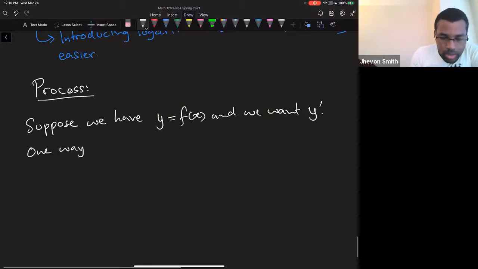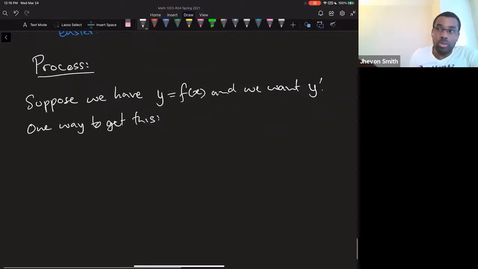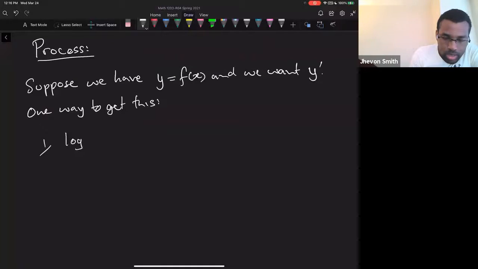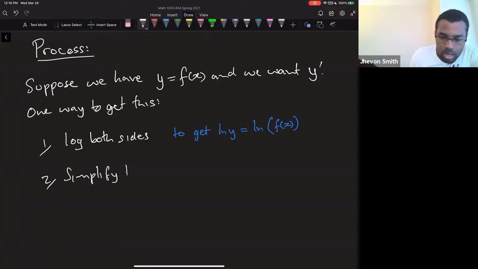One way to get this, and I'm going to tell you when you might want to try something like this as well, is to one, log both sides, right? To get ln of y equals ln of f of x. Two, simplify the right side using log rules.